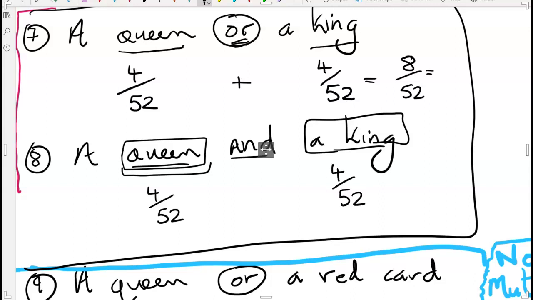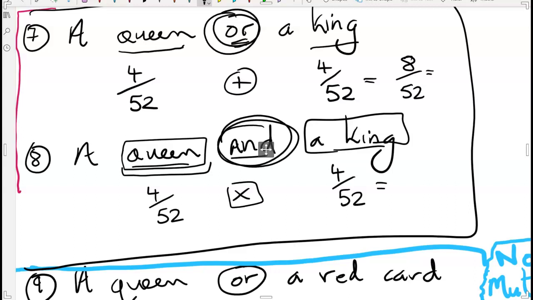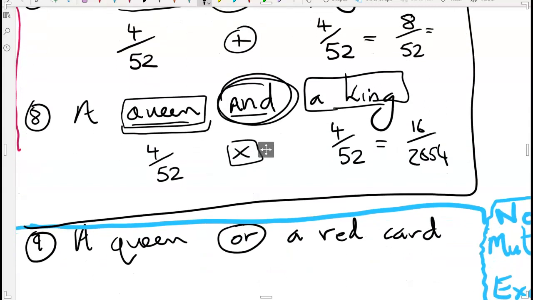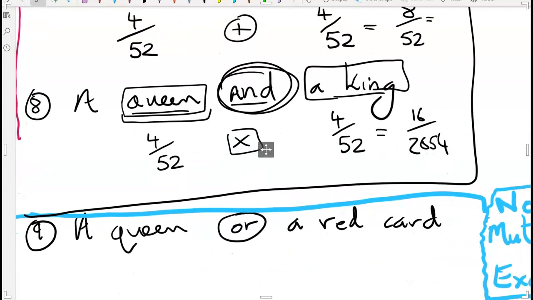But to do it in that order, you would now multiply those fractions. So there's the difference. When it's and, you multiply. When it's or, you add. So when you multiply those, you end up with a huge fraction. Something along those lines. So the probability of that happening is quite slim.